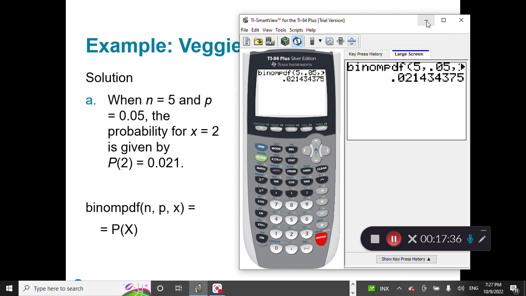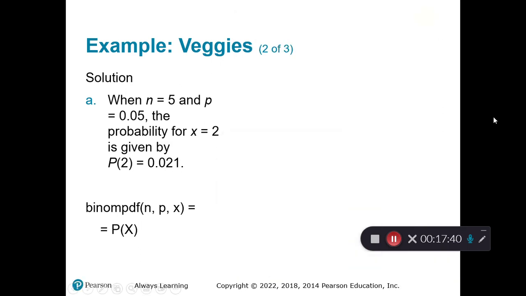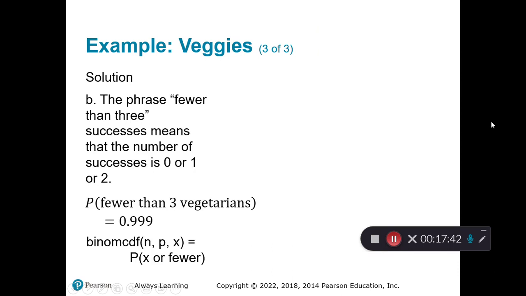All right, let's take a look at part B of this question, which asked, what is the probability of getting fewer than 3 successes? So if we were to choose 5 people at random, what is the probability that fewer than 3 of them will be vegetarians? Well, fewer than 3 means 2 or less.